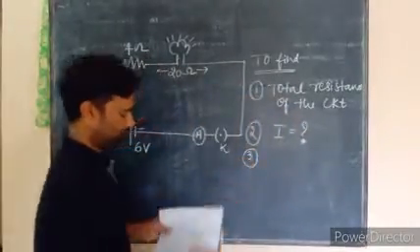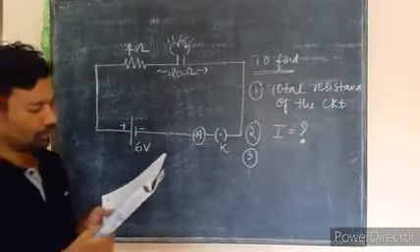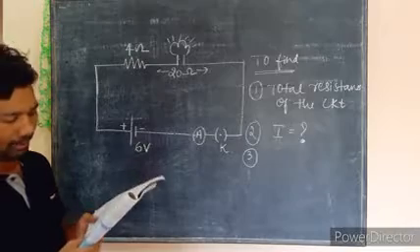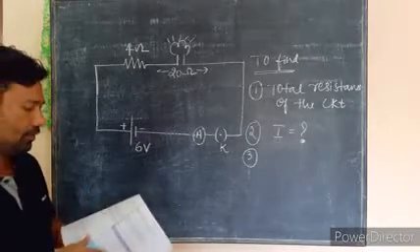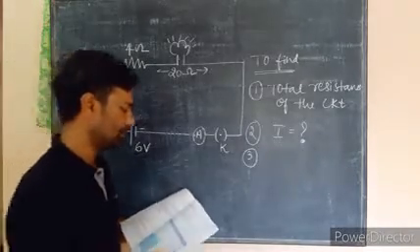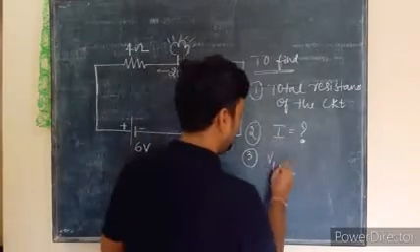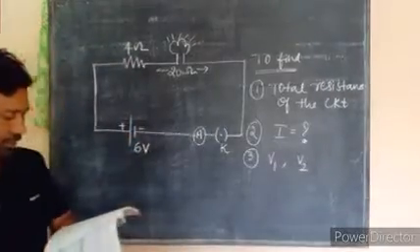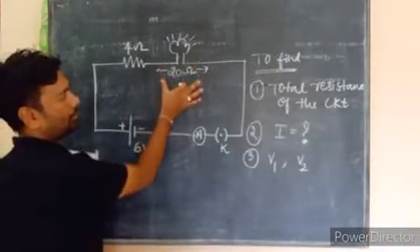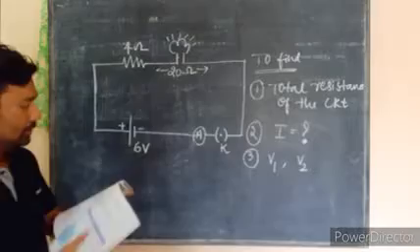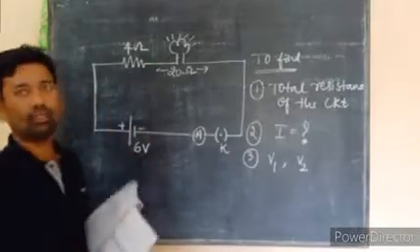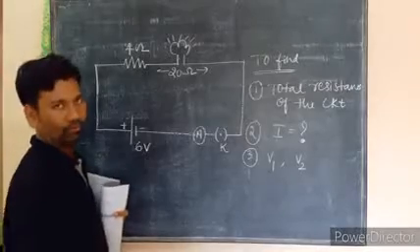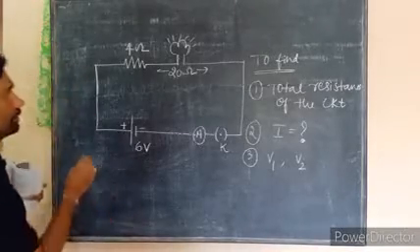Then third, the potential difference across the electric lamp and the conductor. So V1 and V2 we need to find: the potential difference across this electric lamp, and the potential difference across this conductor.